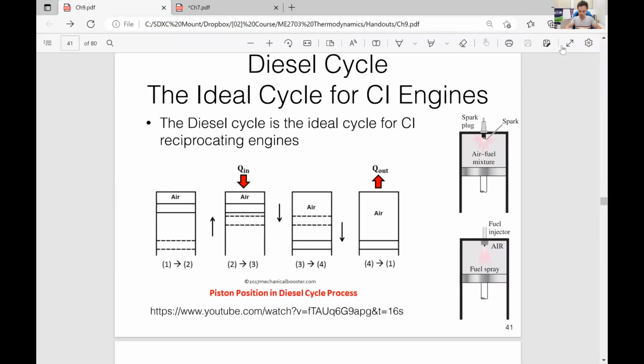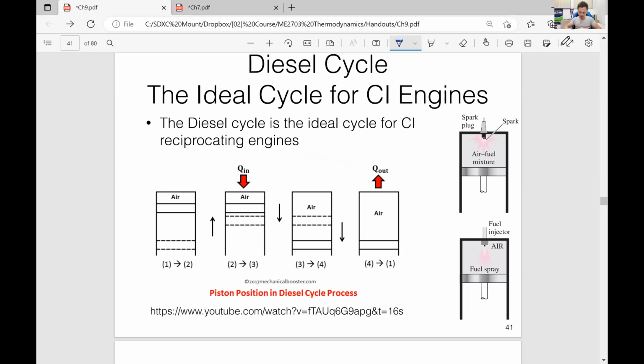So the schematic or the stroke diagram is exactly the same. Literally, it's the same as the stroke diagram shown for the Otto cycle.